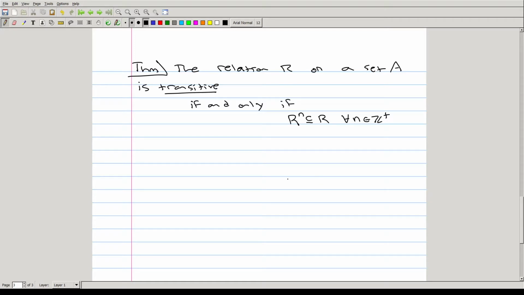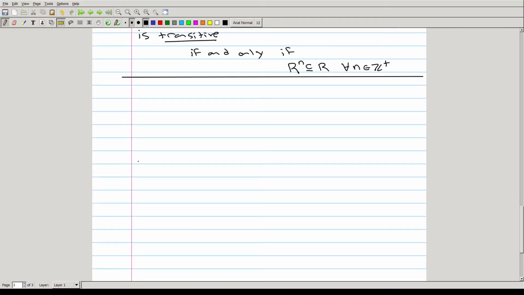So every power is contained inside the relation itself. And to prove this, we have to split it up into two parts.